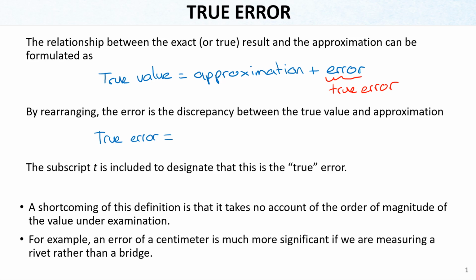And we can define this true error as, in short, ET. And this is equivalent to true value minus approximate value.